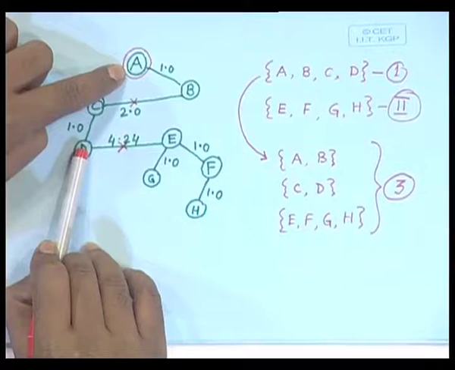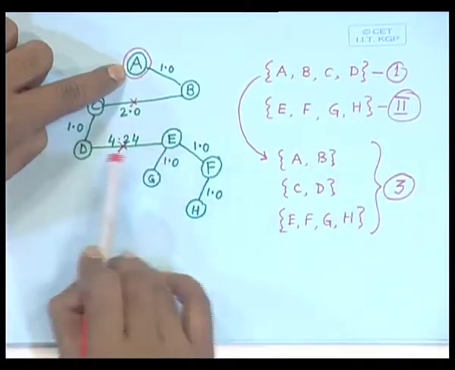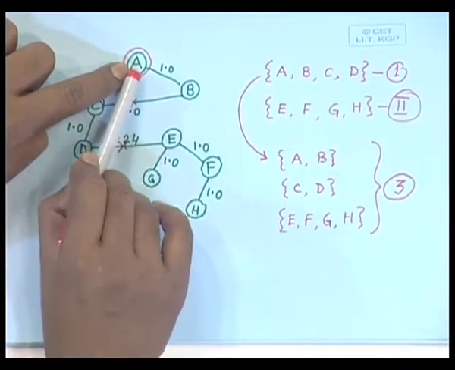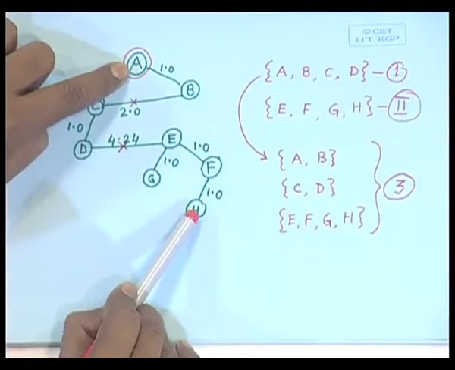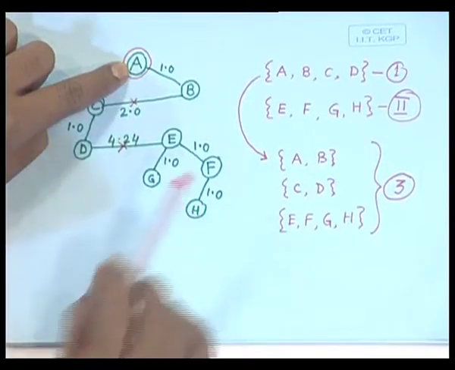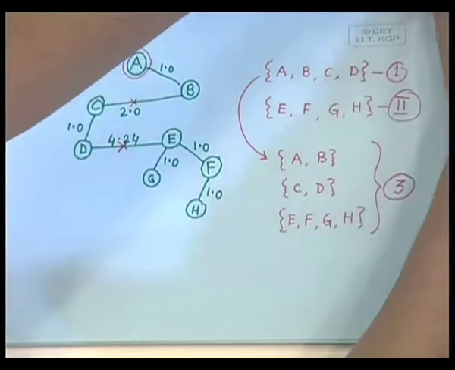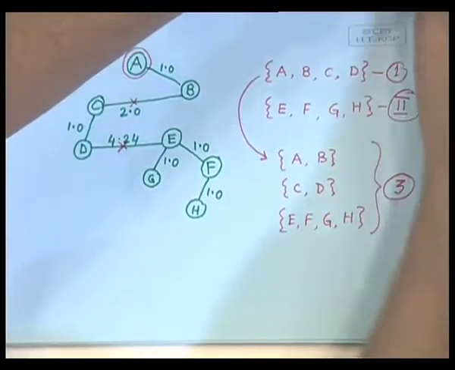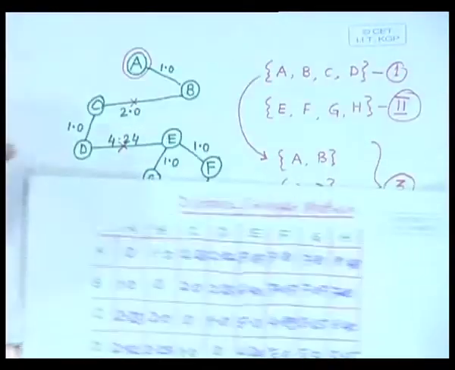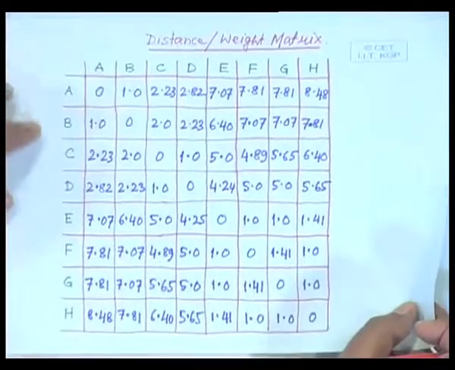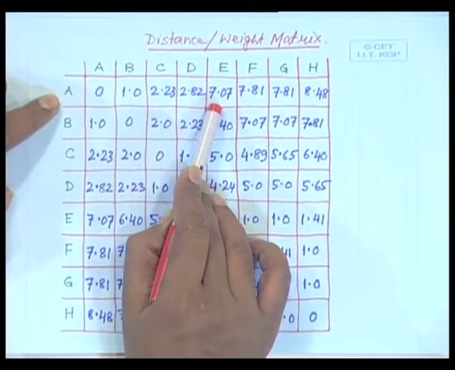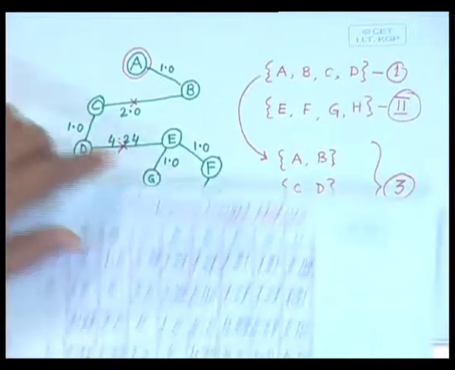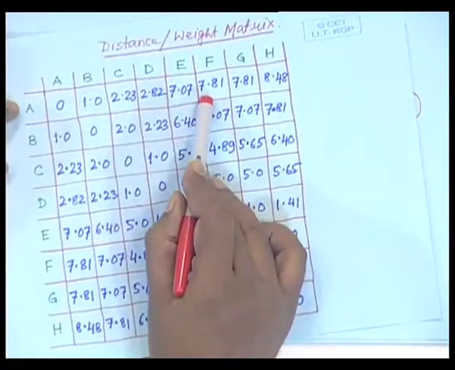Is that okay? So, that is quite obvious. There is an edge between A and E, an edge between A and F, an edge between A and H, but the weight of such edges has to be more than 4.24. You come to this weight matrix. Let us take AE. See, the weight is 7.07. Consider AF, weight is 7.81.